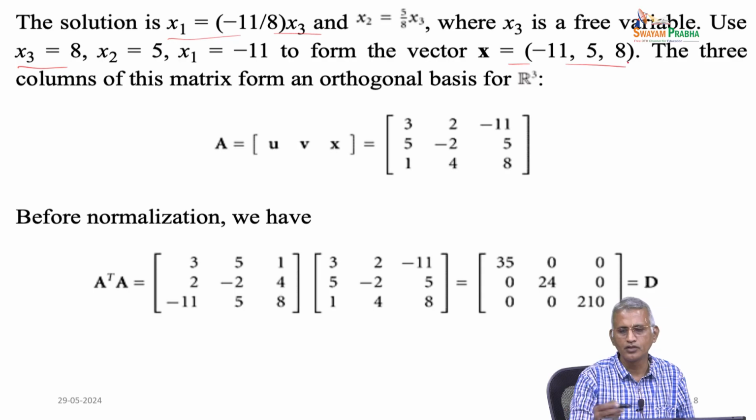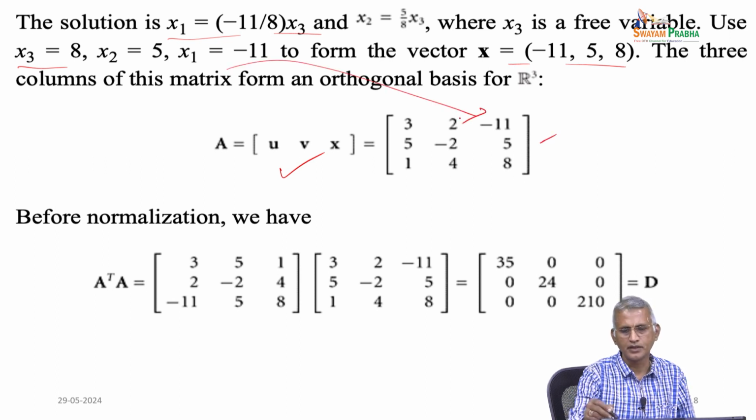Therefore, the value of x equals (-11, 5, 8). So, the columns of the matrix form an orthogonal basis u, v, x as (3, 5, 1), (2, -2, 4) and (-11, 5, 8) from this expression.